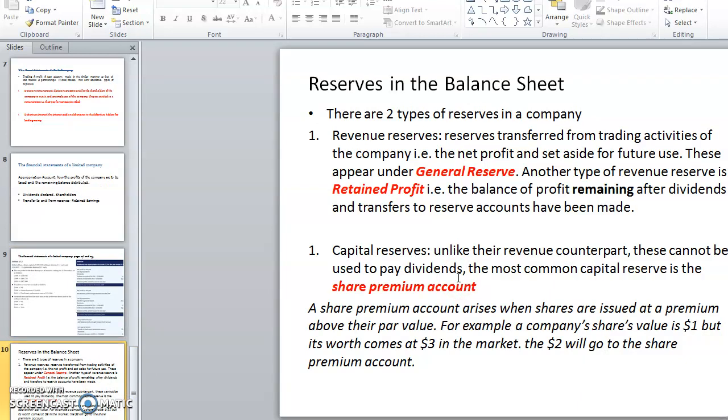You can always have a 5 to 6 marks question asking you to define and distinguish between the reserves of the balance sheet, or the different share capital of a company. So you should be prepared. Please make sure that all of these terms are on your fingertips. These are important terminologies related to your company accounts, and you should be very well versed in all of them for future references.